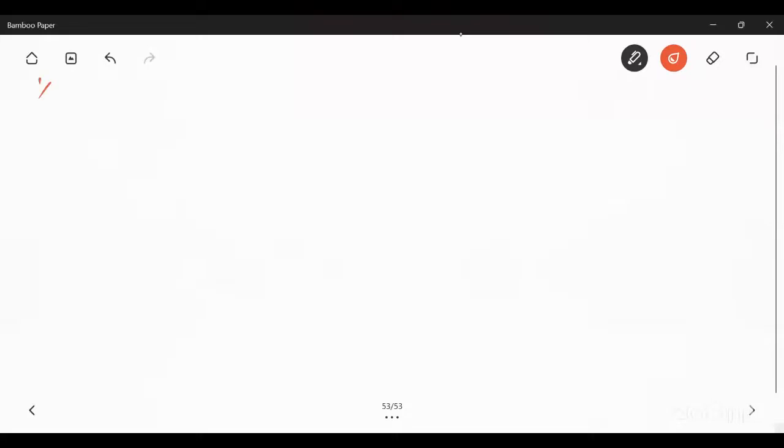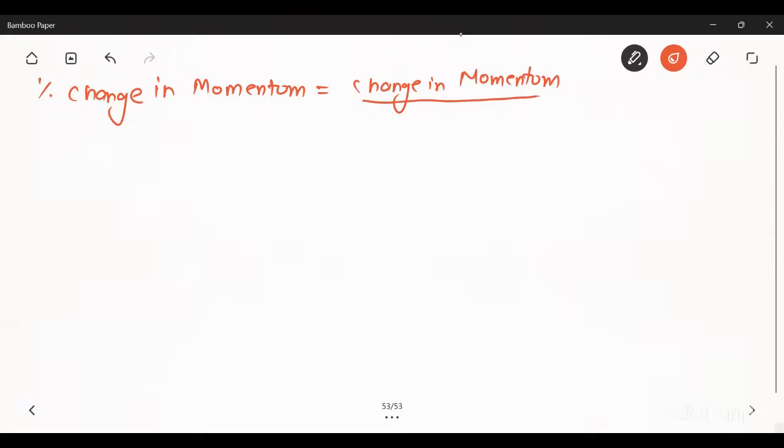So the question is asking to find the percentage change in momentum. So percentage change in momentum will be change in momentum upon initial momentum into 100.